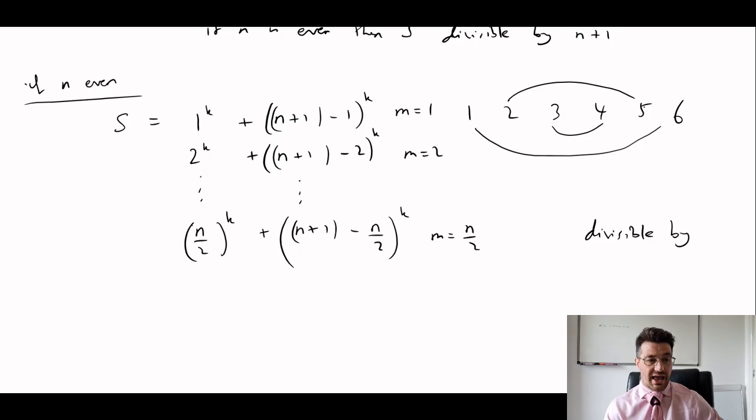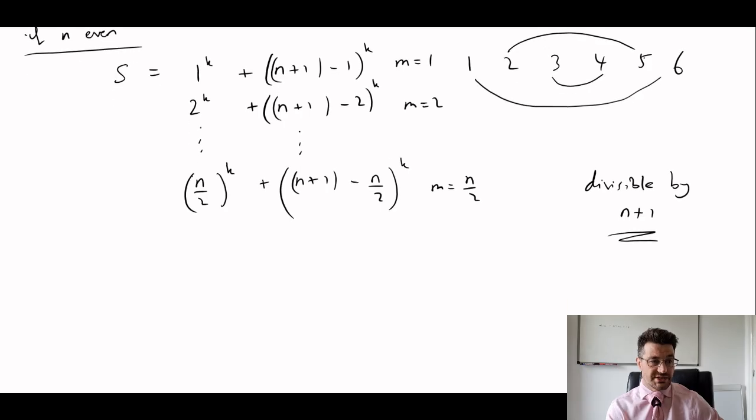Divisible by n plus 1. Okay? So each of these pairs, 1 to the power of k plus n plus 1 minus 1 to the power of k, is divisible by n plus 1, because they're all of the right form, n minus m to the power of k plus m to the power of k, where n in this case is lowercase n plus 1.